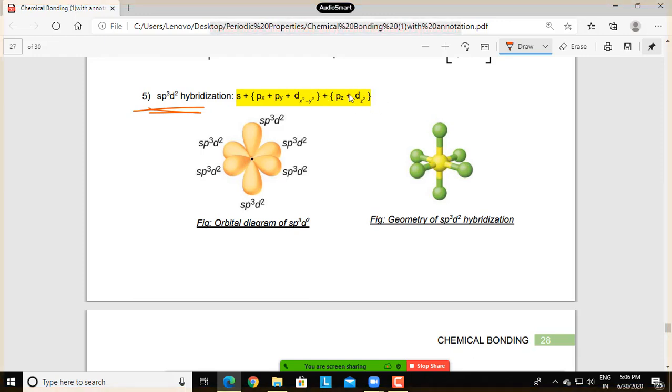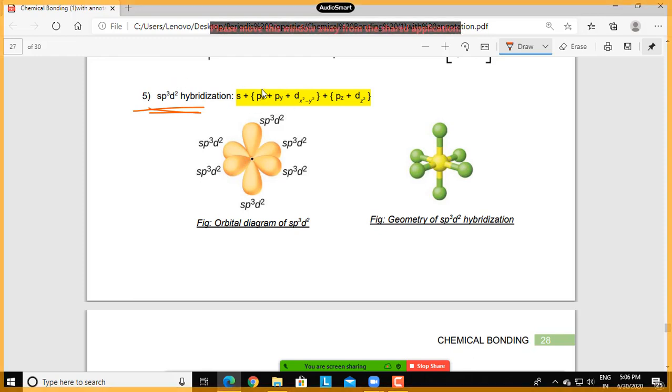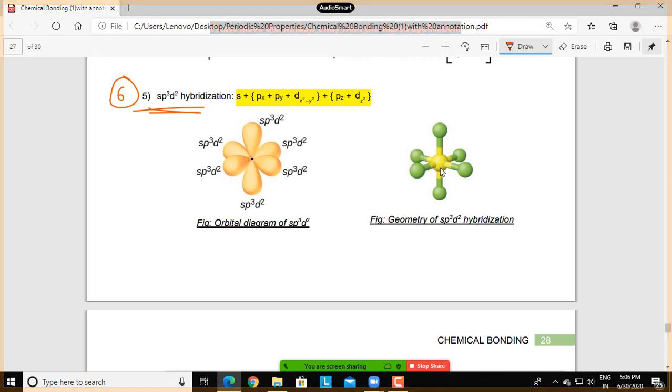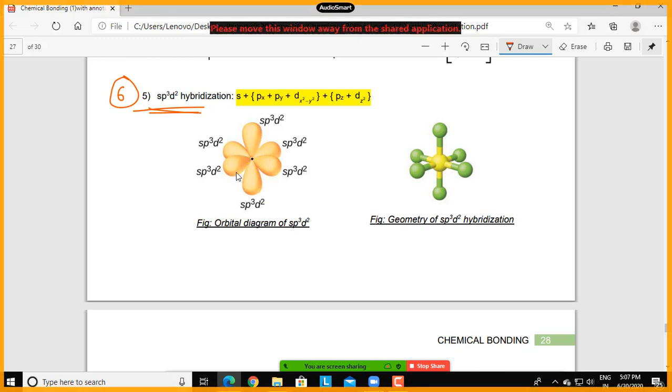If these are mixing, you will get sp3d2 hybridization, and you will have 6 hybrid orbitals. 6 hybrid orbitals will align in space like this: 1, 2, 3, 4, 5, 6. Is it clear?